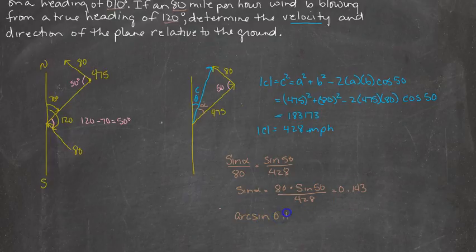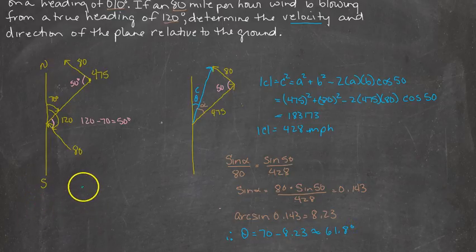Now I'm going to take the arc sine of 0.143, and that tells me that alpha equals 8.23. So theta, therefore, is equal to 70, this entire distance, minus alpha, 8.23, which is approximately equal to 61.77, so 61.8 degrees.